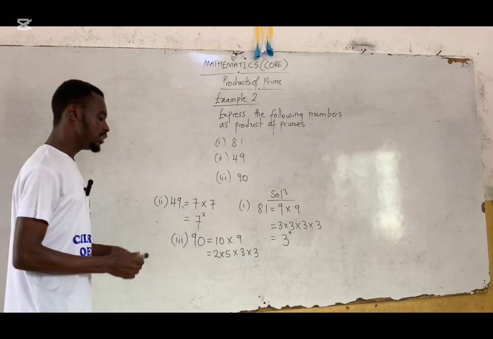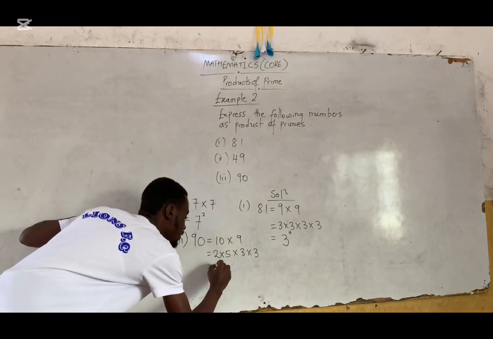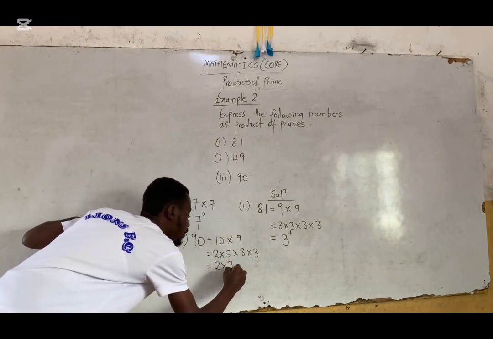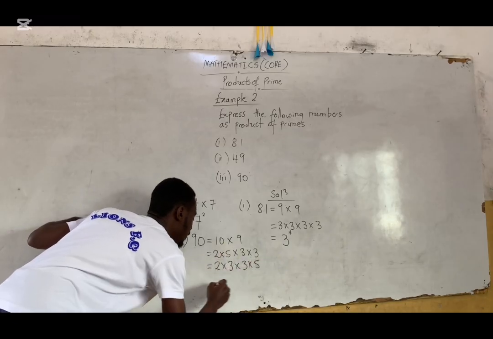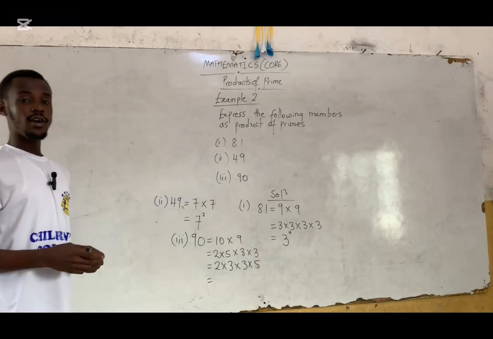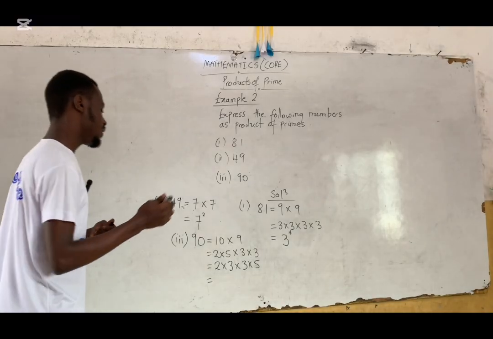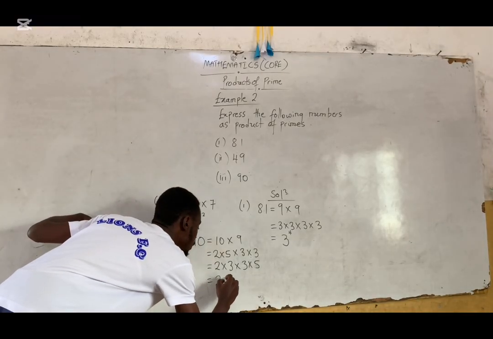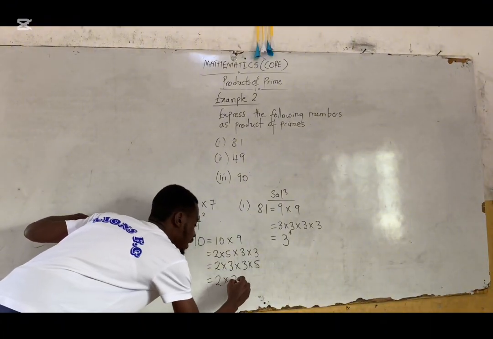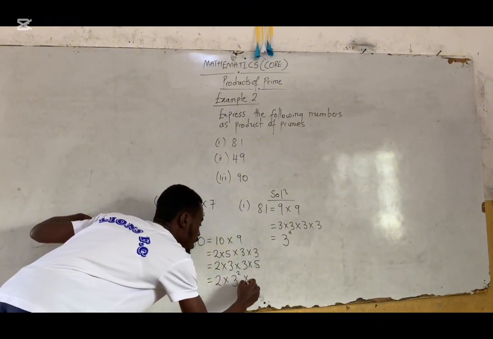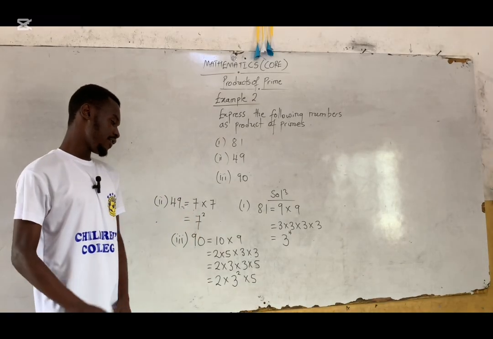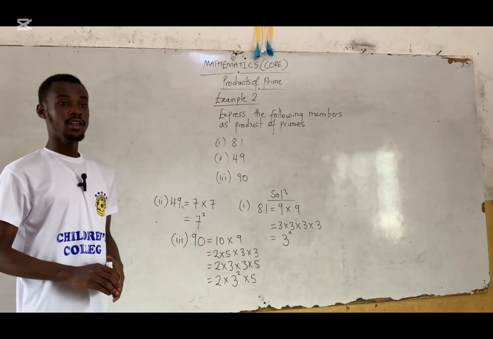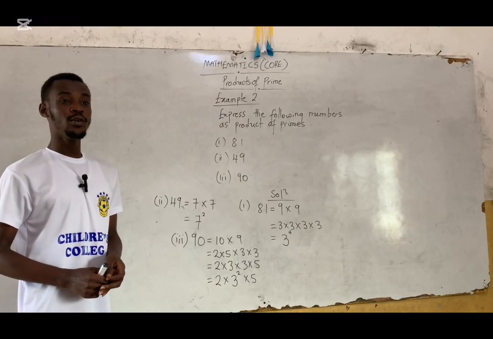So we arrange as we did in the first example, 2 times 3 times 3 before 5, and then you express your answer in index form. So we have 2 times 3 multiplying itself 2 times, times 5. That is our final answer. If you were able to do it, kudos.